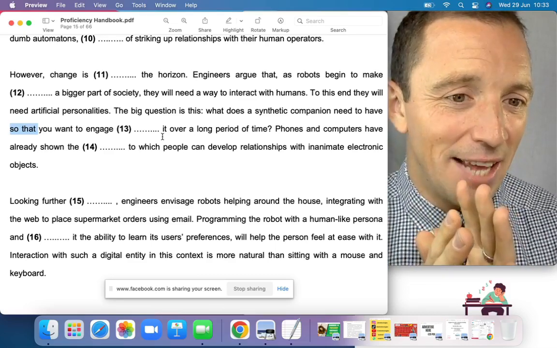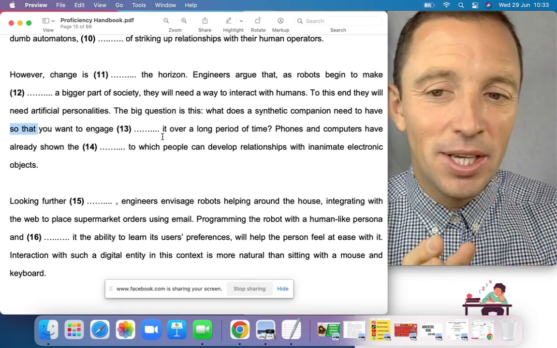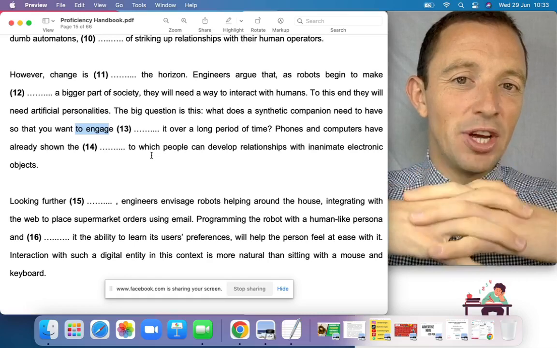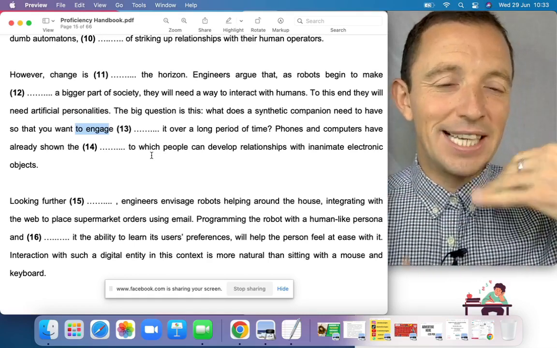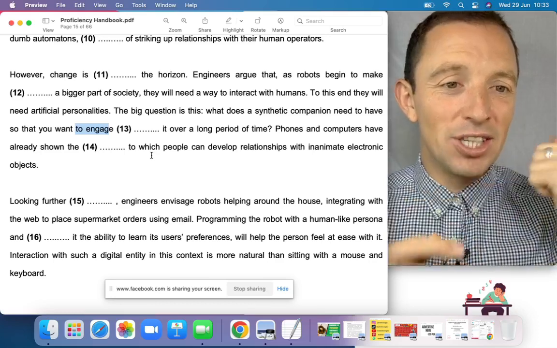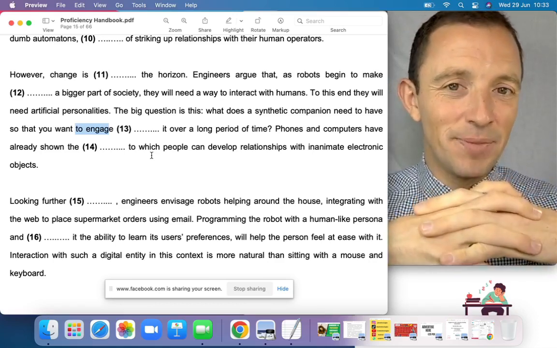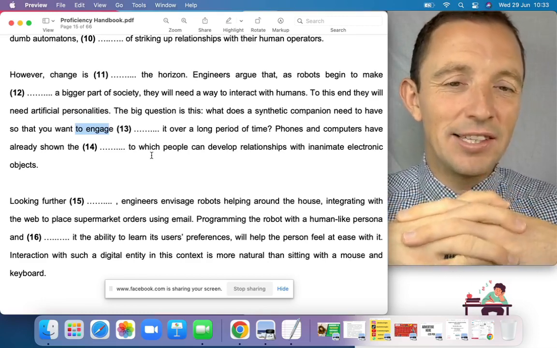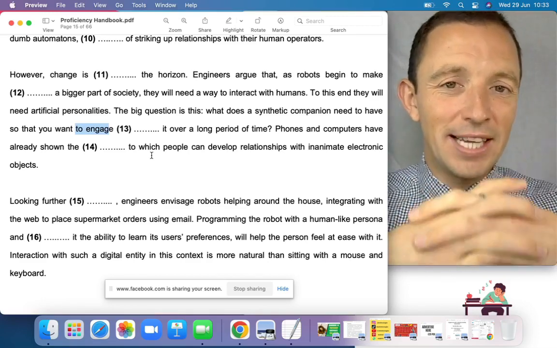And this again is grammatical. The verb to engage is this activity to engage. For example, the telephone is engaged. Somebody is speaking on the telephone already. The toilet is engaged. You cannot enter the toilet because somebody is using the toilet. The toilet is engaged. The telephone is engaged.